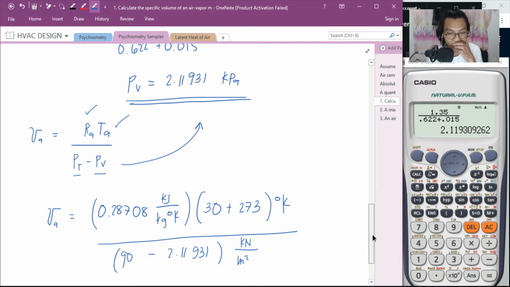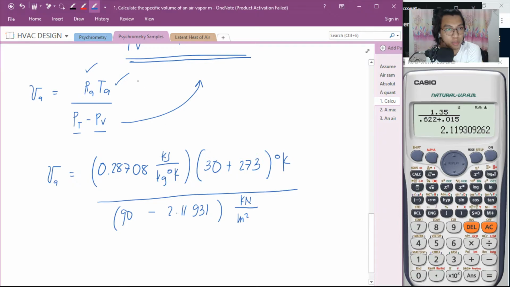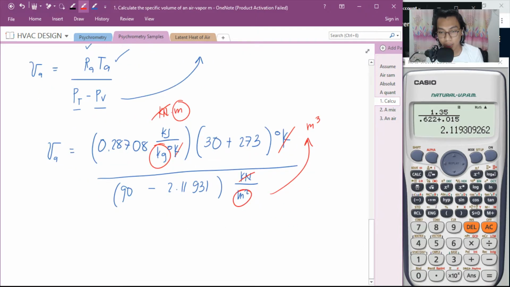So what comes out? Let's cancel. Your kilojoule is kilonewton meter. Kilonewton cancels, combine the rest on top to get meter cube, Kelvin cancels, and kilogram remains. Therefore, the answer is meter cube per kilogram.